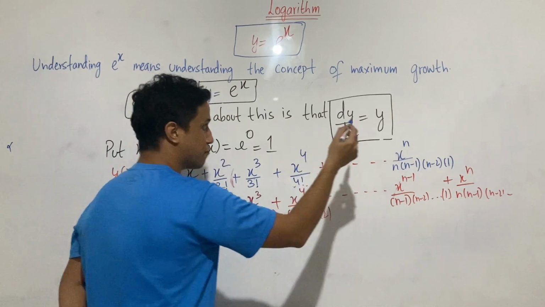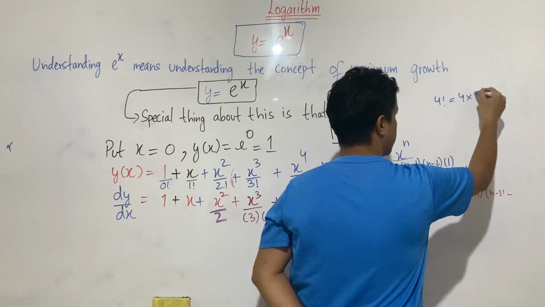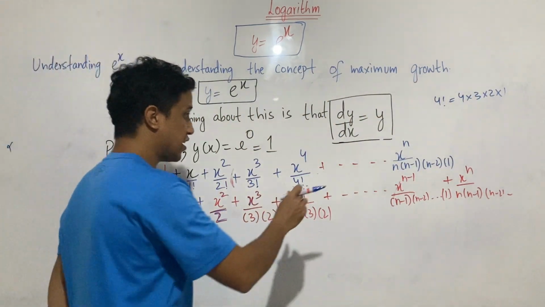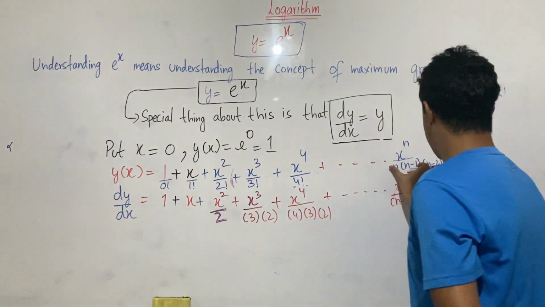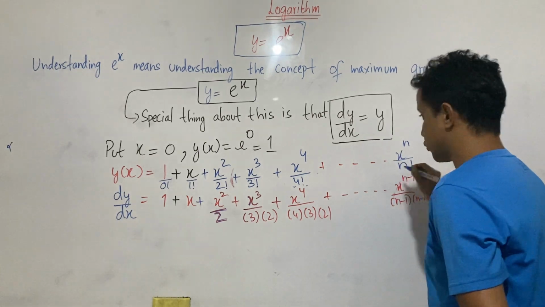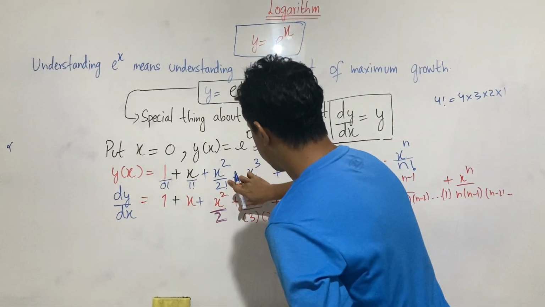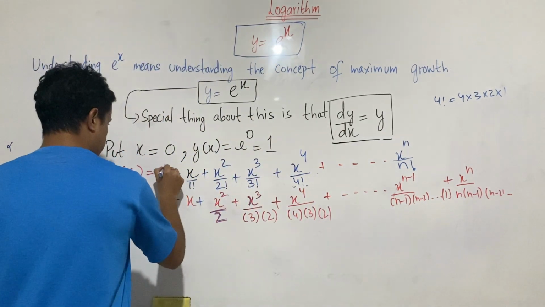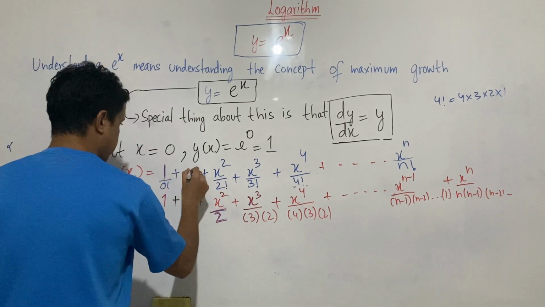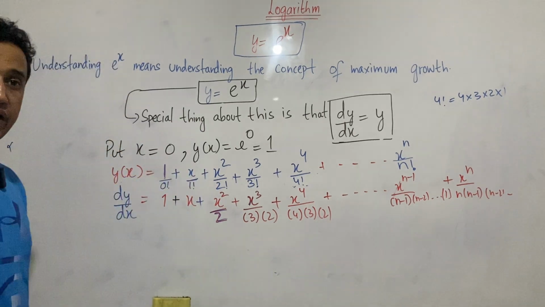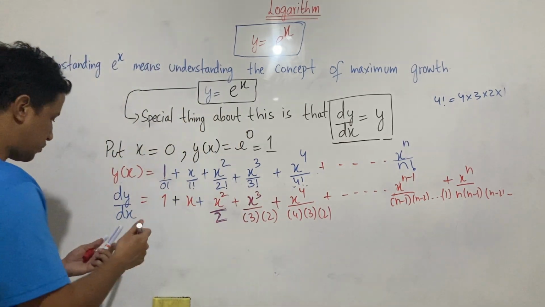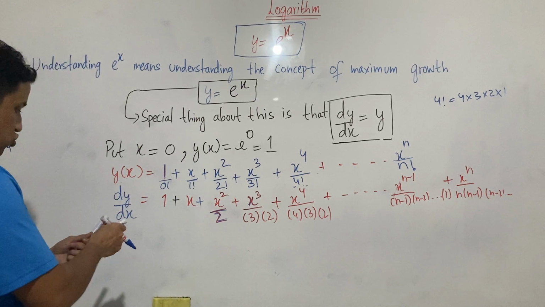What is 4 factorial? It's 4 times 3 times 2 times 1. I hope you know it, right? And here it's going to be your n factorial, okay? I will use blue here. All right, I hope you get it. Okay, the same I will do here.